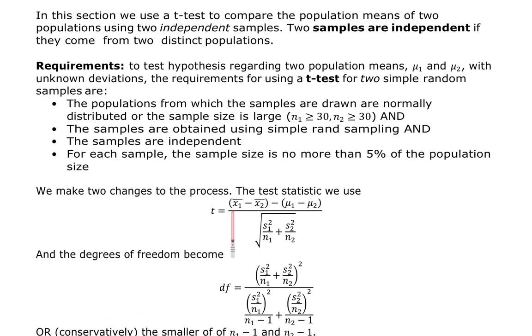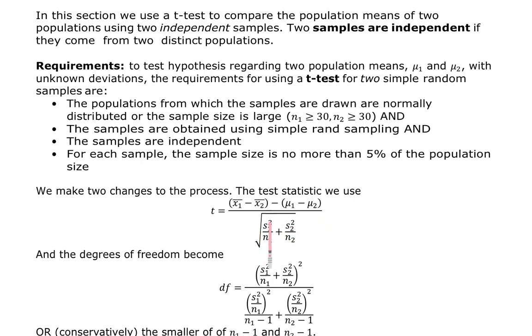So the test statistic is x bar sub 1 minus x bar sub 2. Now, x bar sub 1 and x bar sub 2 are the means that we get from our samples. And then we have the means of the populations those samples come from, which are mu1 and mu2.